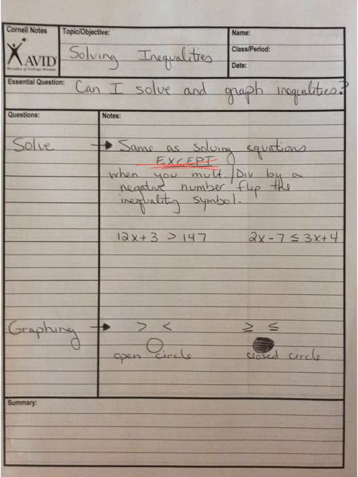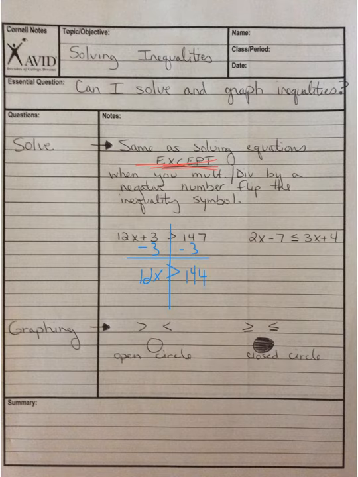And we're going to go ahead and draw a line down the equal sign. Okay. We want to subtract 3 from both sides. We have 12x is greater than, all I did was subtract 3, didn't multiply or divide by a negative, so it stays the same. 147 minus 3 is 144.